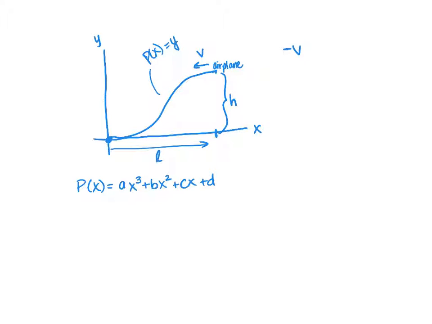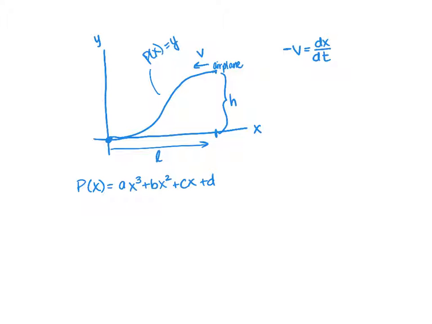That's why it has the negative sign. Going to the right would be positive, going to the left is negative. And just remember that the velocity is the derivative of the x position with respect to time. This is in the x direction, and that's why it's the derivative of x, because the velocity is the x velocity.